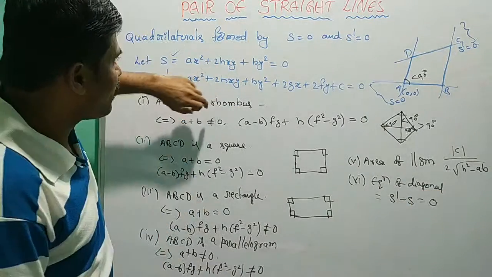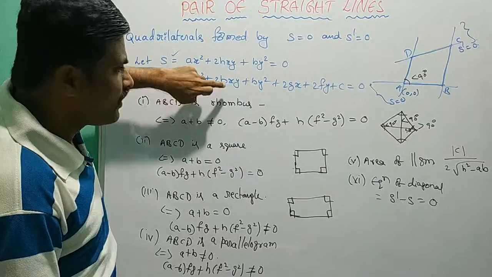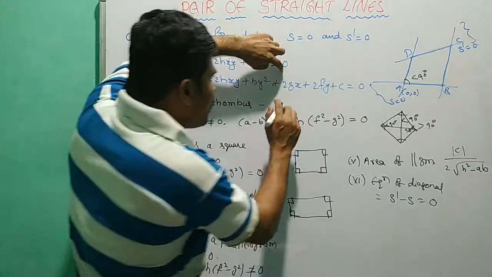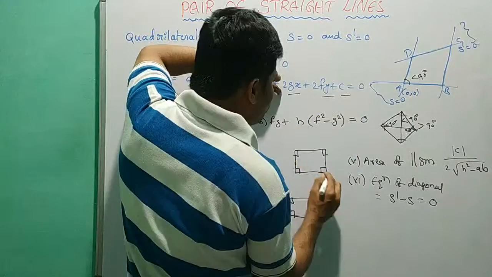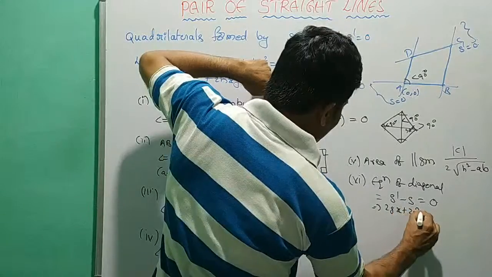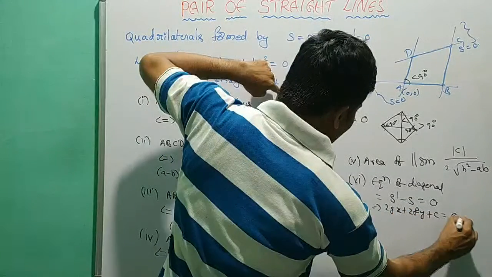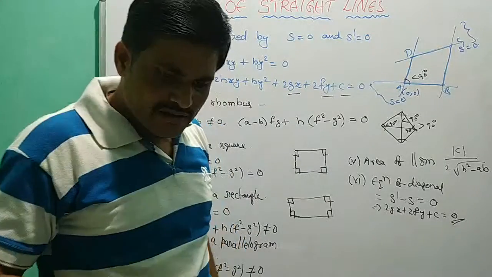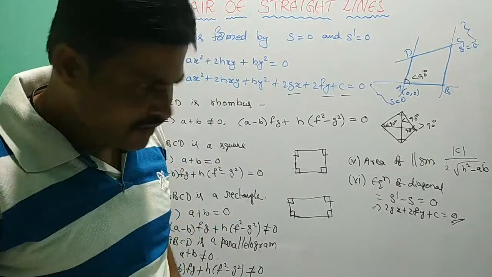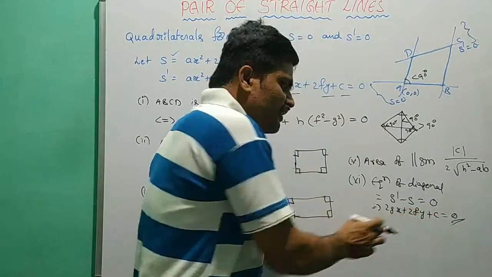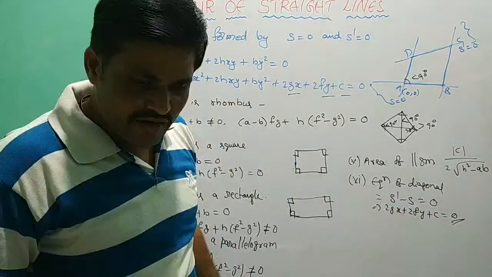In that, we observe ax square cancels, 2hxy cancels, by square cancels. Only the linear and constant terms remain, that means 2gx plus 2fy plus c. This is the equation of the diagonal. Since a constant is there, this diagonal does not pass through the origin.